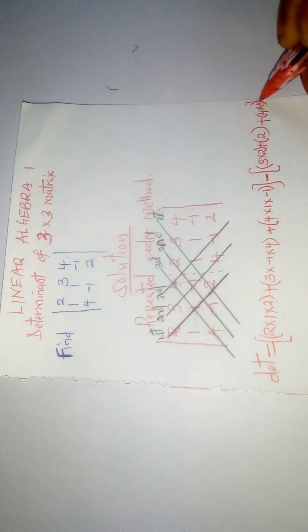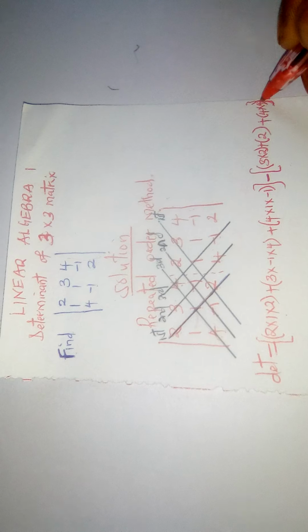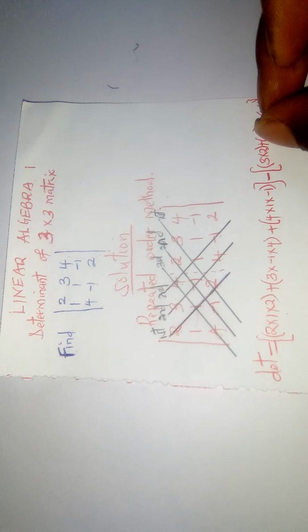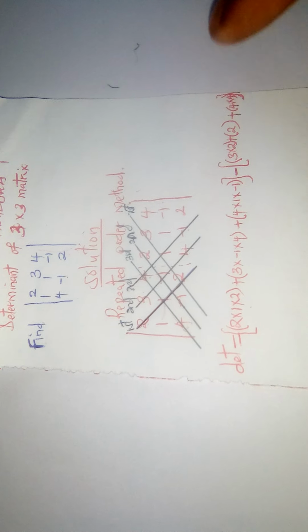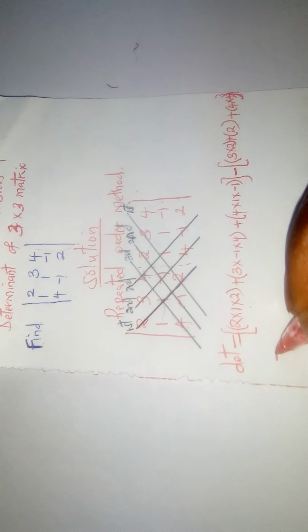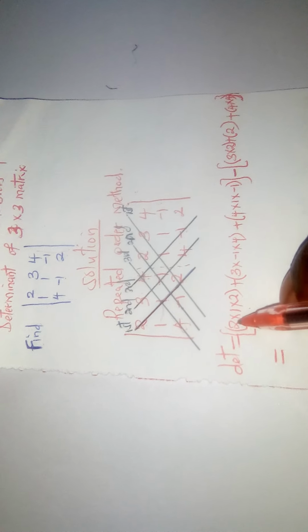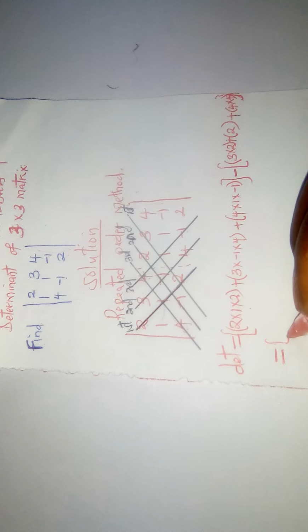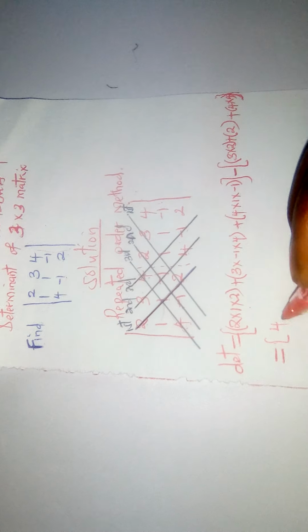Then the result, you ensure that you use a bigger bracket to show that they were sharing the bracket. Now after that, you just work out the small brackets within the big bracket. So 2 by 1 by 2 is 4. So I'll just put a big bracket, that is 4.